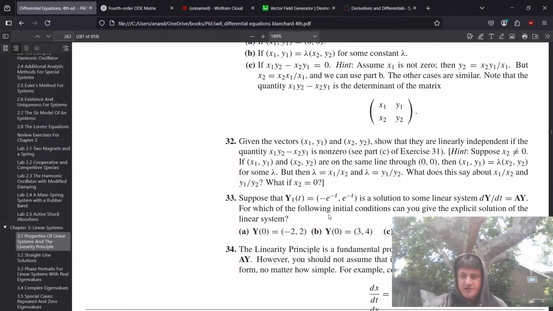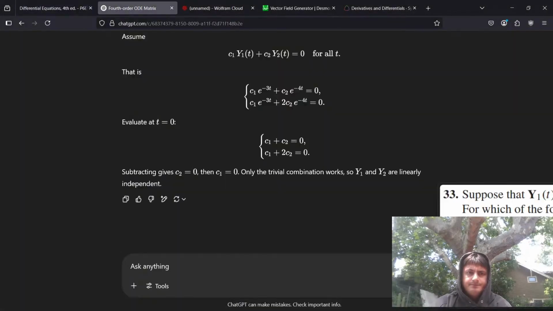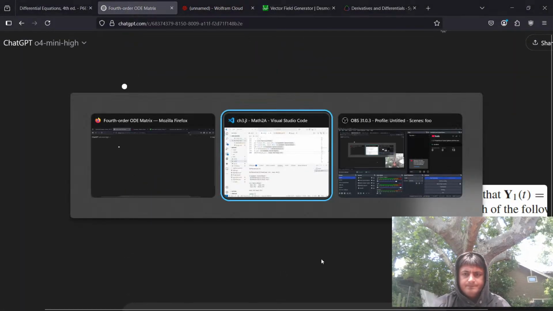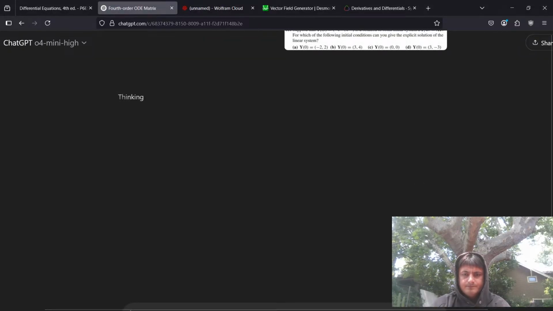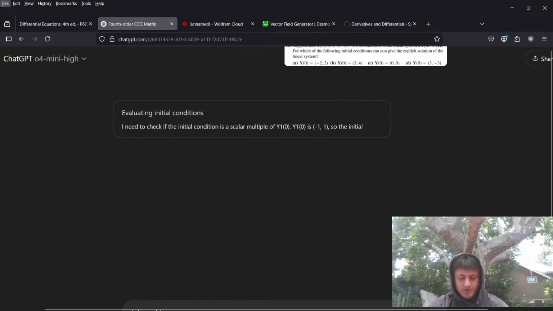For which of the following initial conditions can you give the explicit solution? I think it's only going to be this one and this one. I think it's going to be A and D. A and D, bruh.